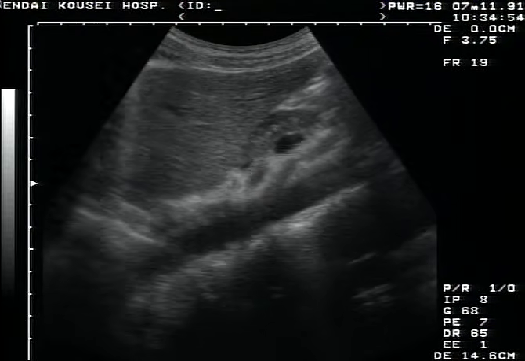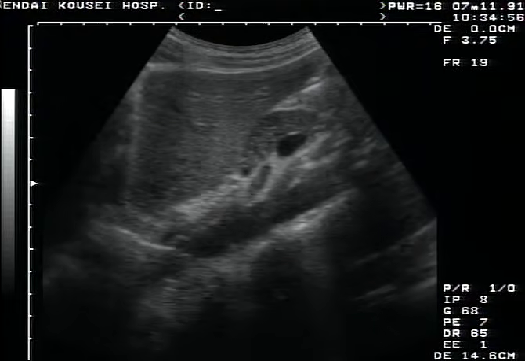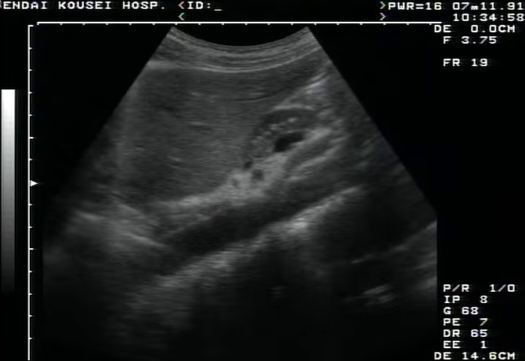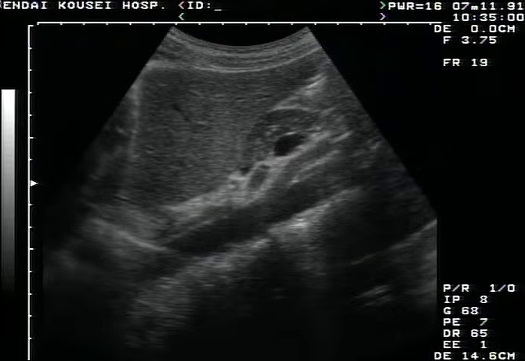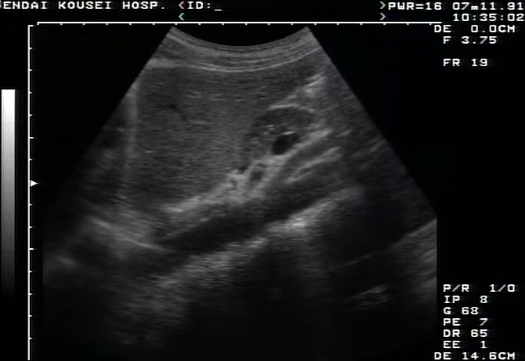Observe the size of the body of the pancreas, location and dilatation of the pancreatic duct, thickening of the gastric wall, and enlarged lymph nodes around the stomach.